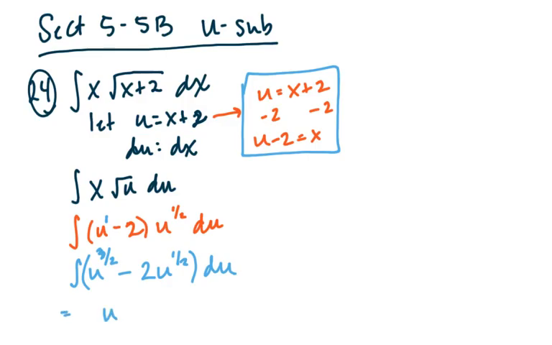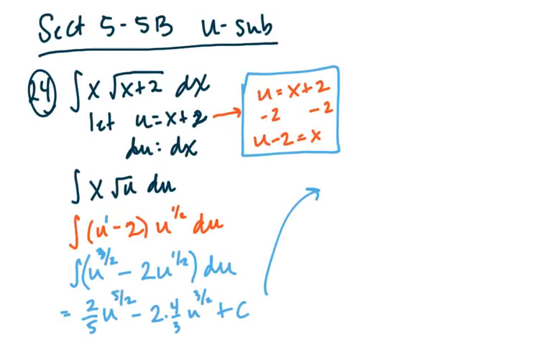So we add 1 power and we have u to the 5 over 2, and the reciprocal is 2/5, minus 2 times, now this is going to be u to the 3/2, and the reciprocal is 4/3, plus c.